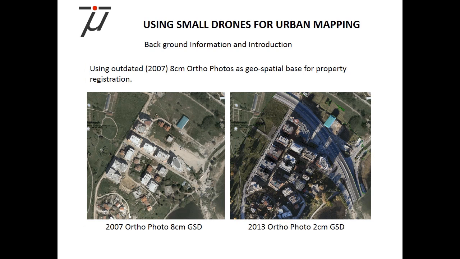On the left-hand side here, you see some peri-urban development, and on the right-hand side, 6-7 years later, that's what it looks like. But they have no record of it. So when property gets registered now and subdivided, somebody just estimates little squares on those ugly maps that I showed you. That's the background.